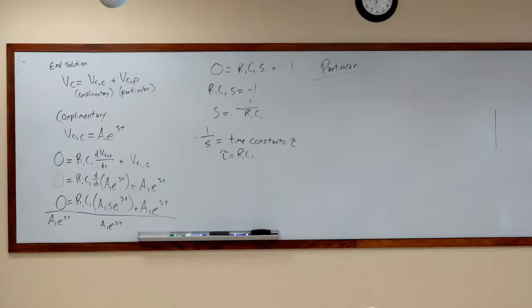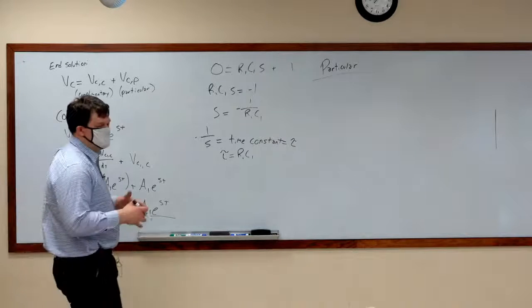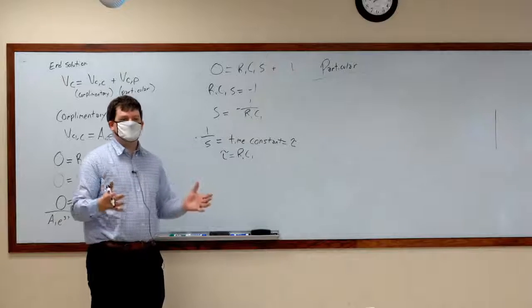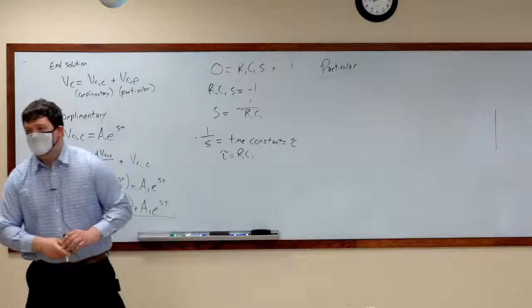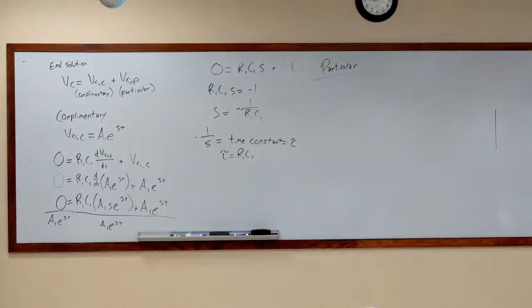It's a constant. Because it's a constant, we expect our particular solution to have the same time function. If we go back to y of t over here, the particular solution was 5 because it has the same constant value as the end solution. Samesies.